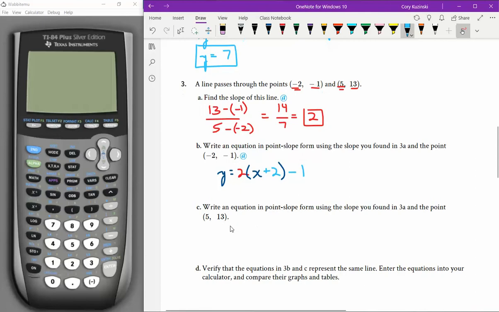And then this says write an equation in point-slope form using the slope we found, 2, and this point. So that's the second point. Okay, it's going to be slightly different. Y equals 2 times x minus 5, because I always want to take the opposite of that x value, plus 13.